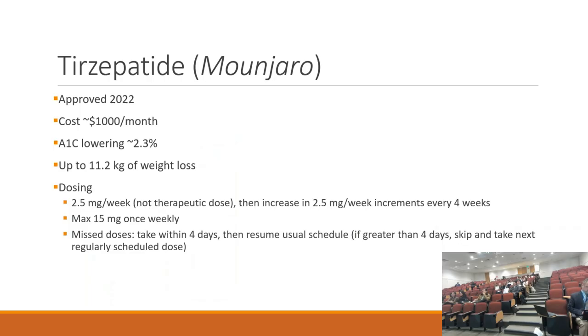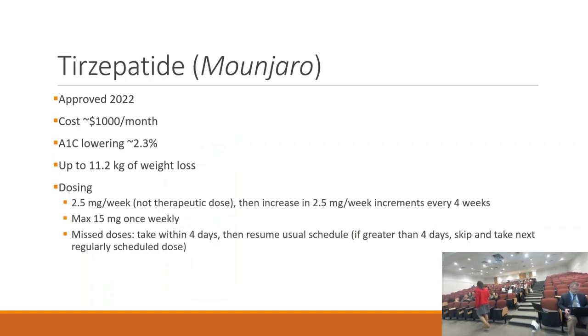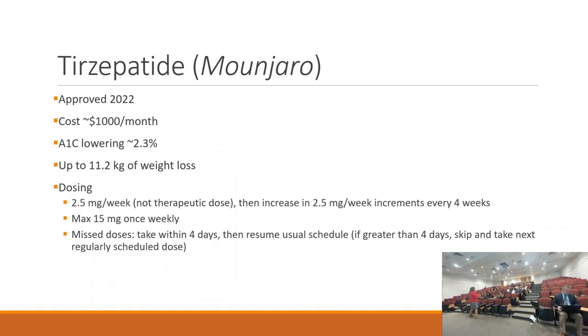It just depends on their insurance formulary. Really, all these GLP-1s are about $1,000 a month, so it's not necessarily any more expensive than the other GLP-1s. They're all really expensive. Quite effective at lowering A1C, but this one by far has the most weight loss compared to all of the GLP-1s. So quite a bit more weight loss than even semaglutide.